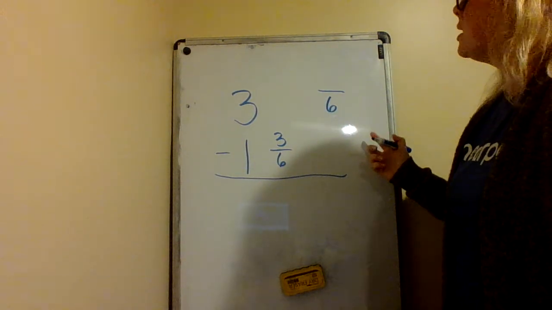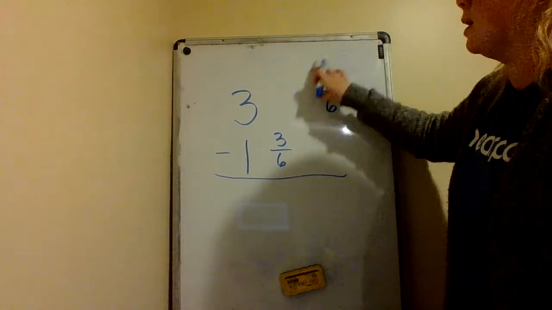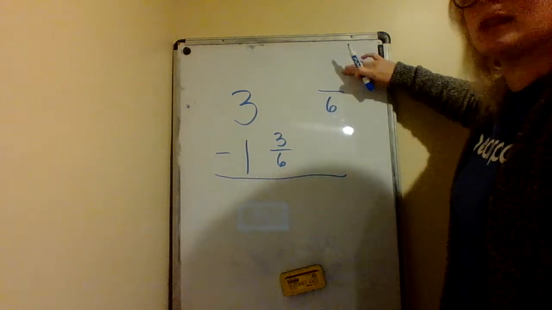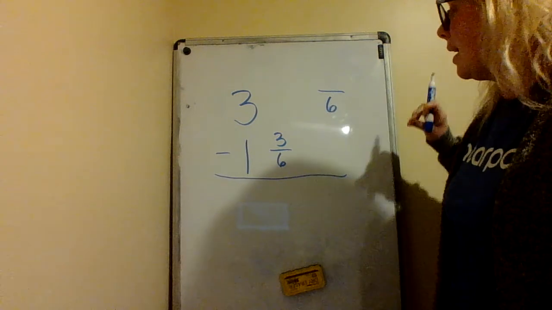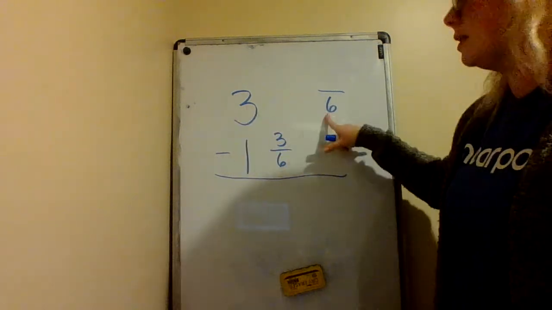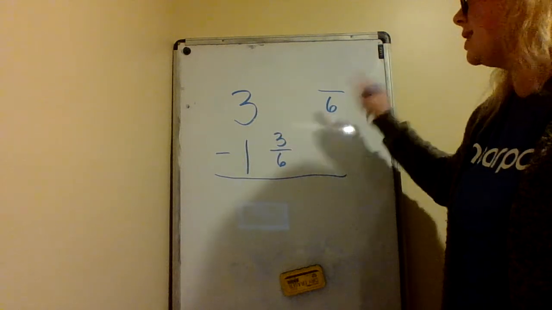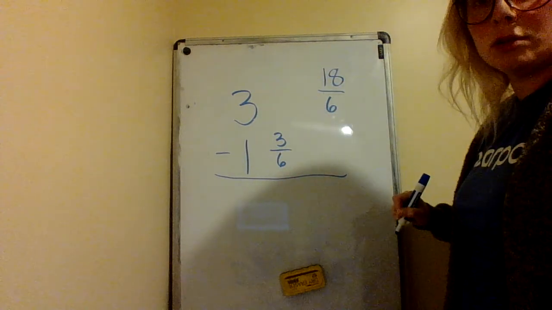And then I just have to think, well, for us to change an improper fraction over to a mixed number, we would just divide the top number by the bottom number. In this case, we would just have to multiply 3 times 6, my whole times my denominator. So 3 times 6 is 18. And that would be your numerator.